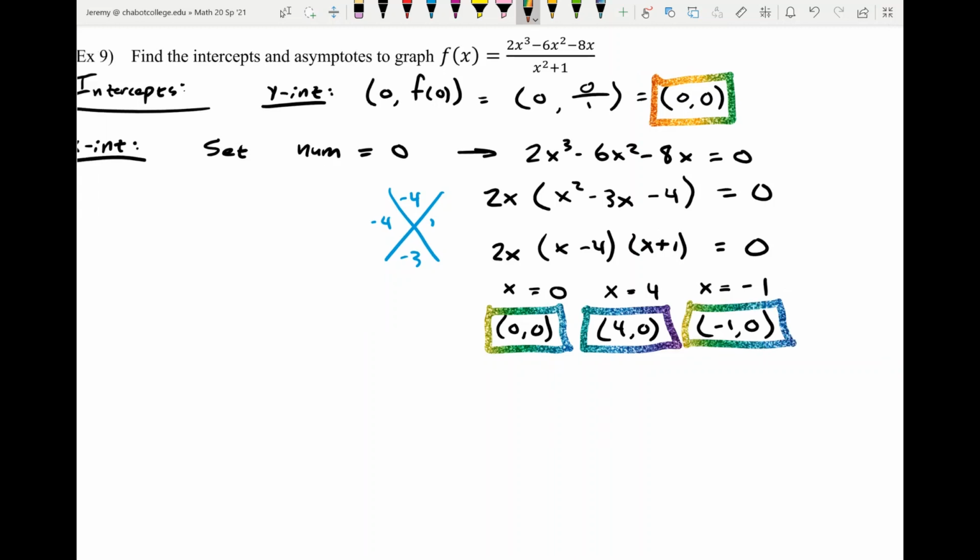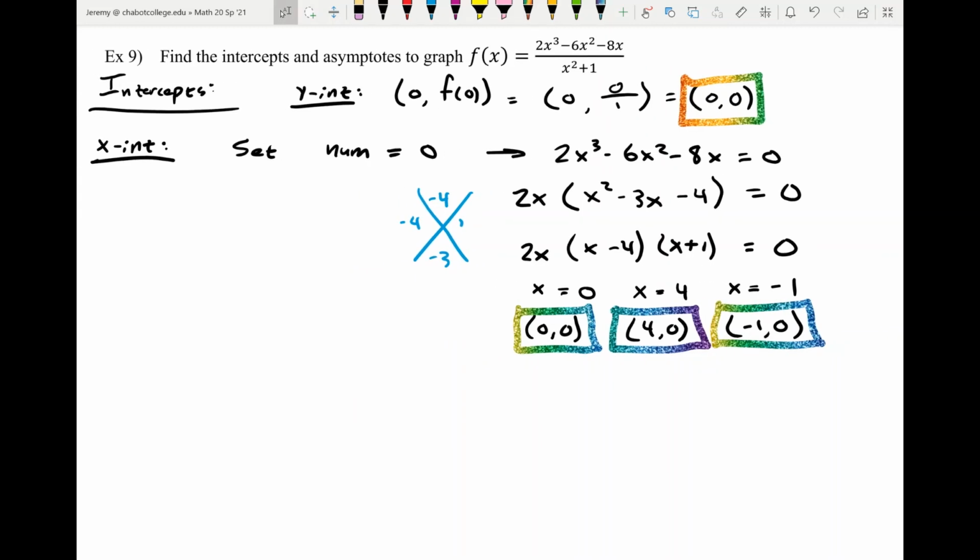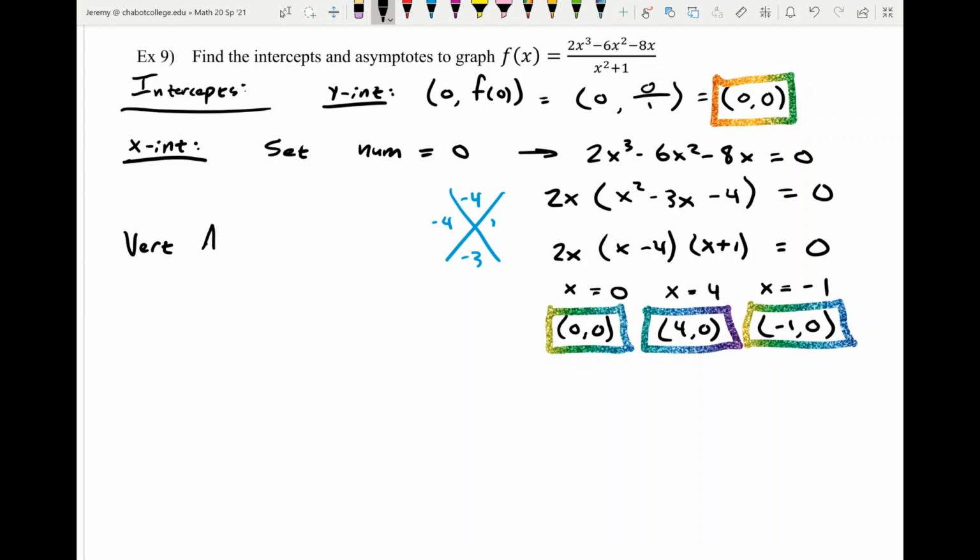Good. So now let's talk about asymptotes. We'll look at vertical asymptotes first. These are just the zeros of the denominator, right? So I'll set the denominator equal to 0. Okay, x squared plus 1 equals 0.